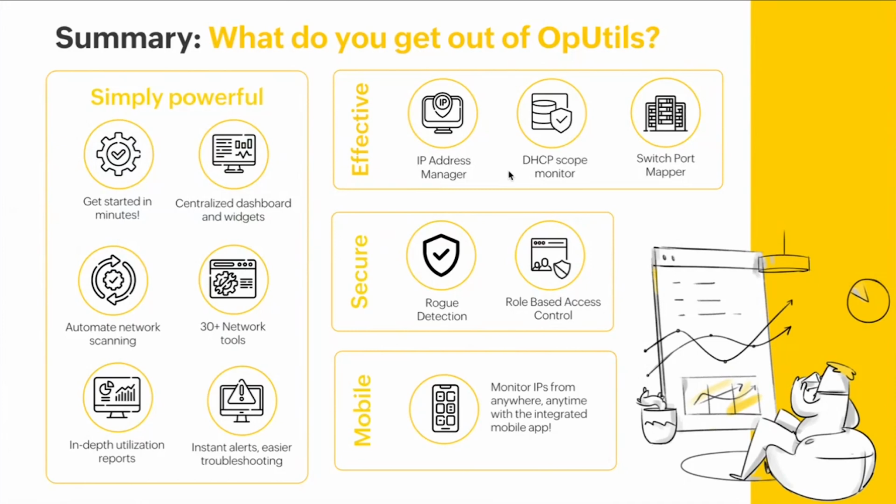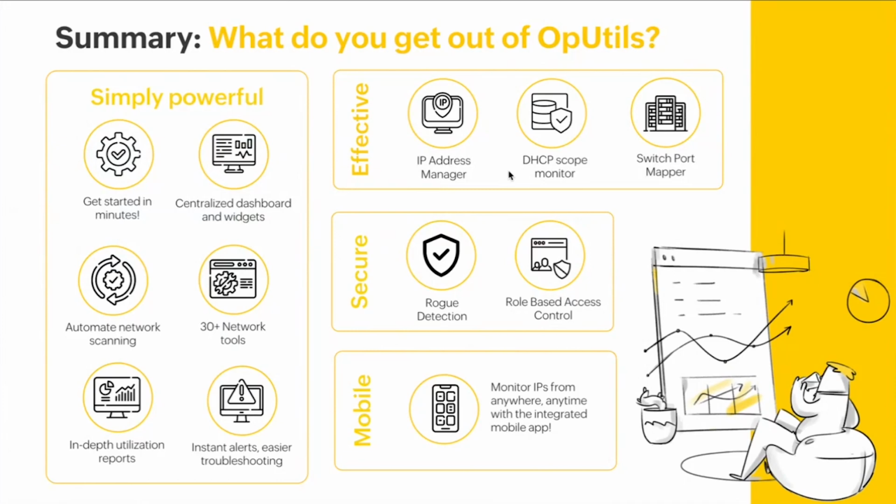OpUtils has a super effective IP address manager, DHCP scope monitor, and switchport mapper modules. All these modules are integrated with each other, which will give you holistic visibility into your network address space. It will help you run advanced IP scanning, IP address tracking, end-to-end switchport mapping, and simplify DHCP server scope monitoring.